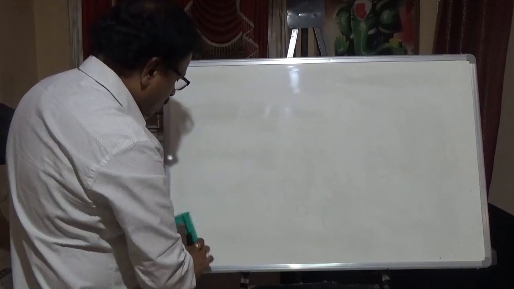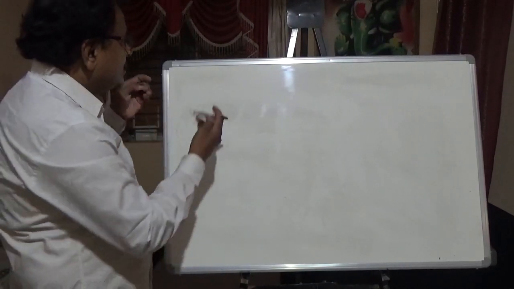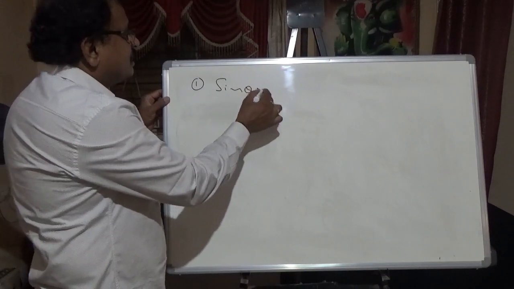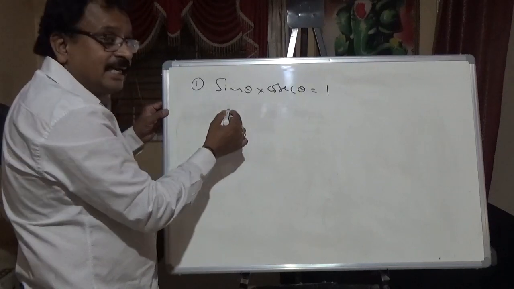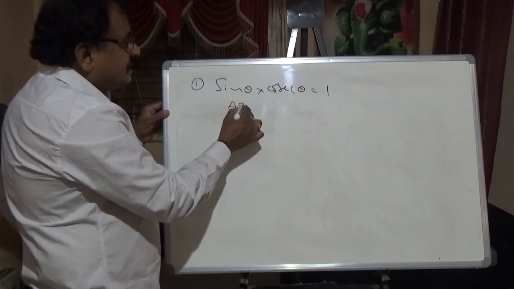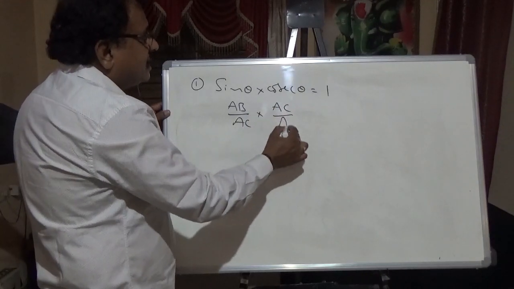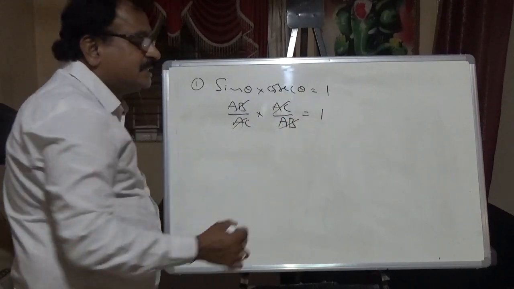What we can do next, we need to understand that sin theta into cosec theta is 1, because I just told you. What is sin theta? AB by AC. What is cosec theta? AC by AB. AB, AC, AC cancel. What is the result? 1.